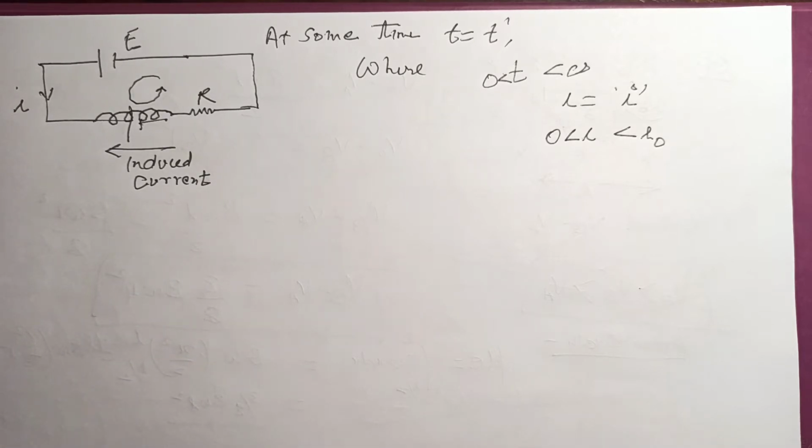Okay, now look at the circuit. We are right now talking only about t is equal to 0 to t is equal to infinity, the steady state, because after the steady state is achieved, there is no role of inductor.